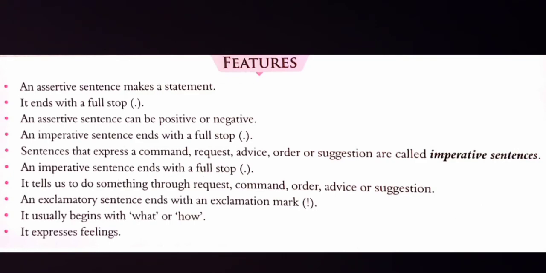An imperative sentence ends with a full stop. It tells us to do something through request, command, order, advice or suggestion. An exclamatory sentence ends with an exclamation mark. It usually begins with what or how. It expresses feelings.